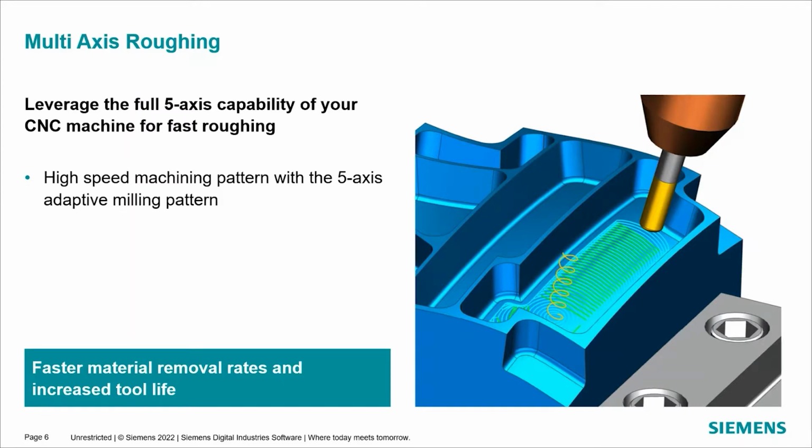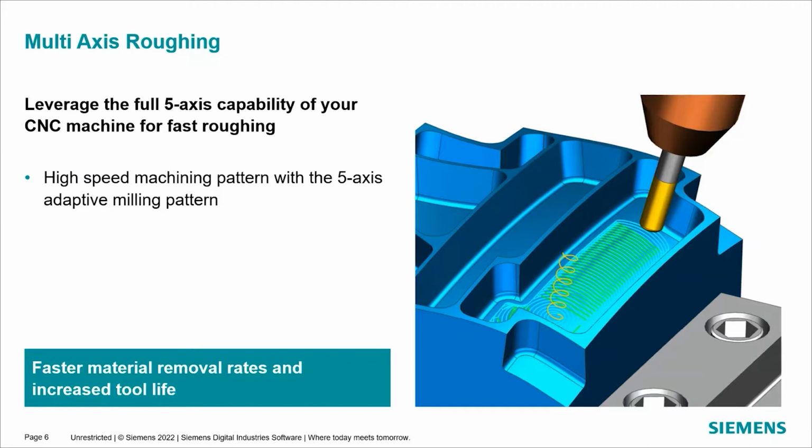With adaptive milling, you'll reduce the radial depth of cut, otherwise your side stepovers, to less than 25% of the tool diameter, but significantly increase your axial depth of cut.